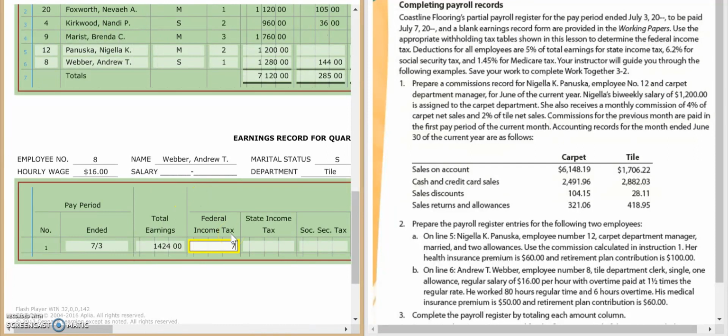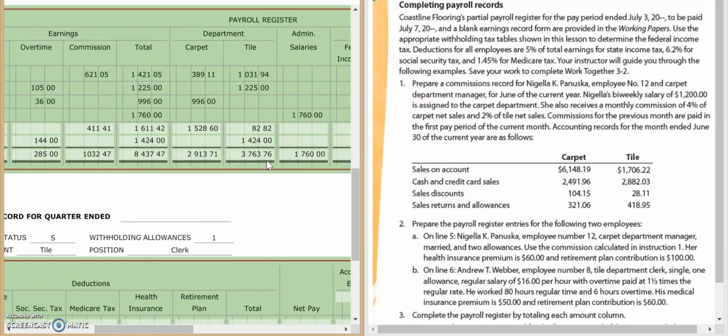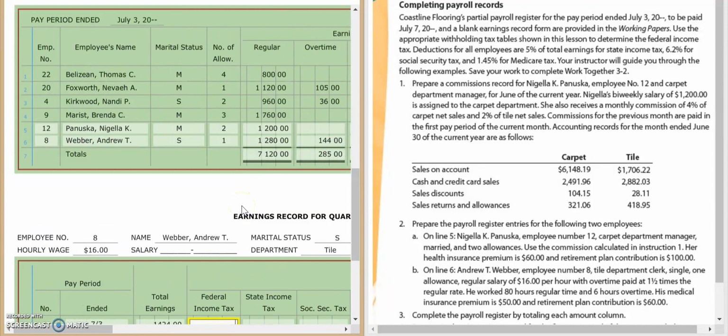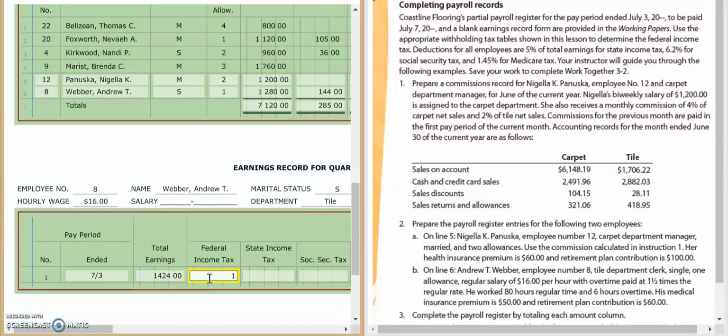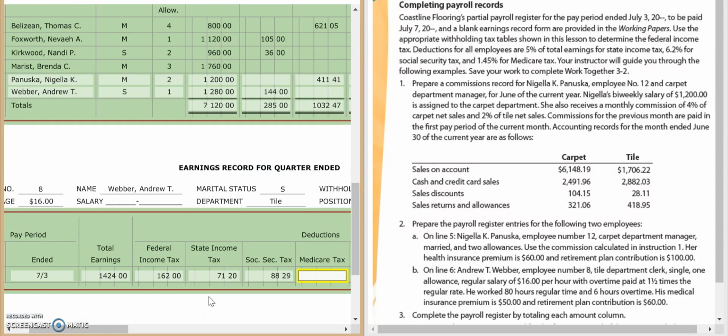Oops, I must have grabbed the wrong one. Better make sure I know what I'm talking about here. His federal income tax was 162. Okay. So you're just grabbing from that information about Andrew. So I'm just going to go across here. State income was 71.20. Social Security was 88.29.